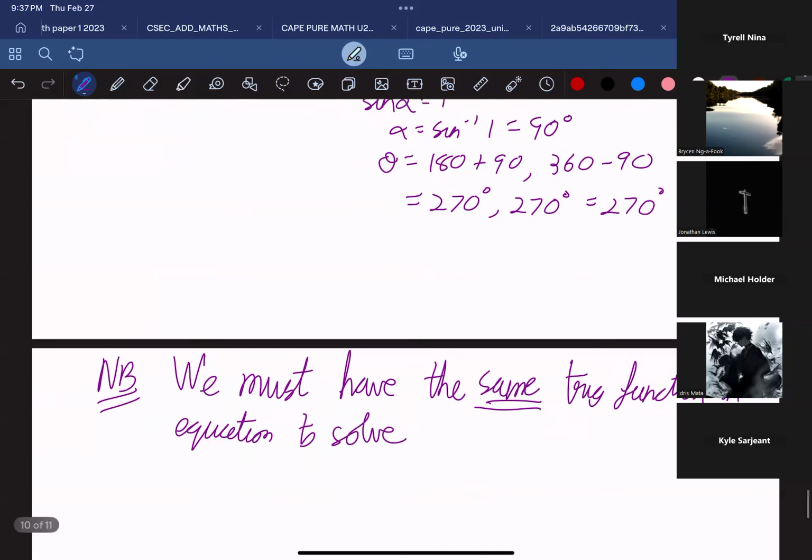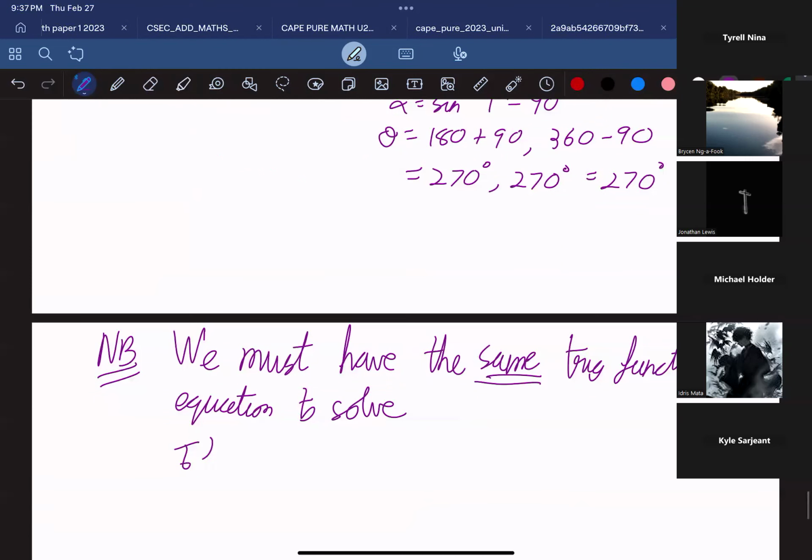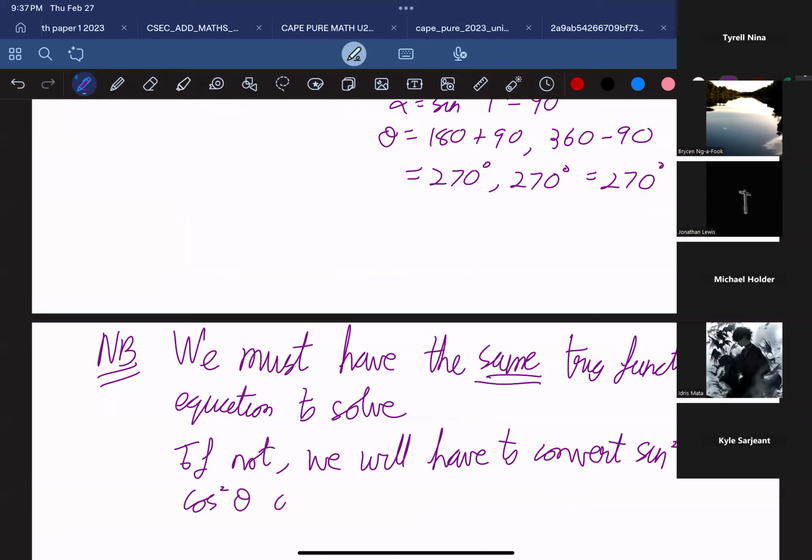If not, we will have to convert sine squared theta to cos squared theta or vice versa.